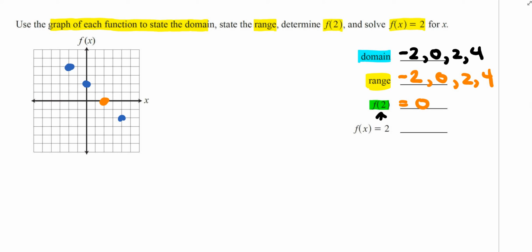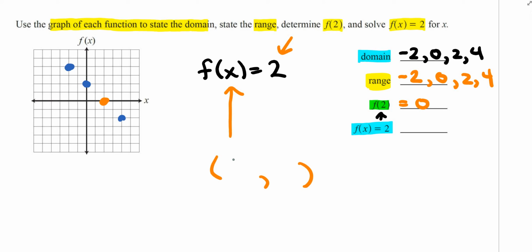And now let's move on to the last one here, which is f of x equals 2. So basically this question is saying, what x value has a height of 2? Or if I write this in coordinates, which x value gives you a y value of 2, which is your height?